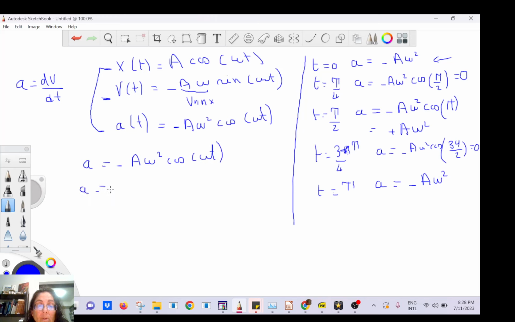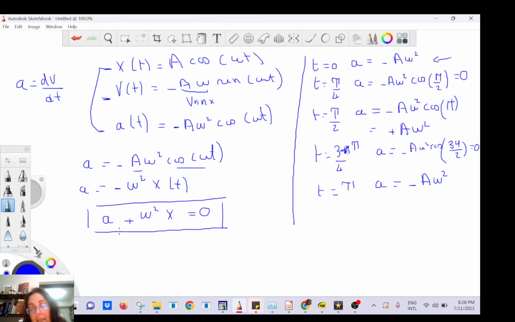So a equals minus omega squared times your displacement x. So we have acceleration plus omega squared x equals 0. And we find again our equation of motion, right?